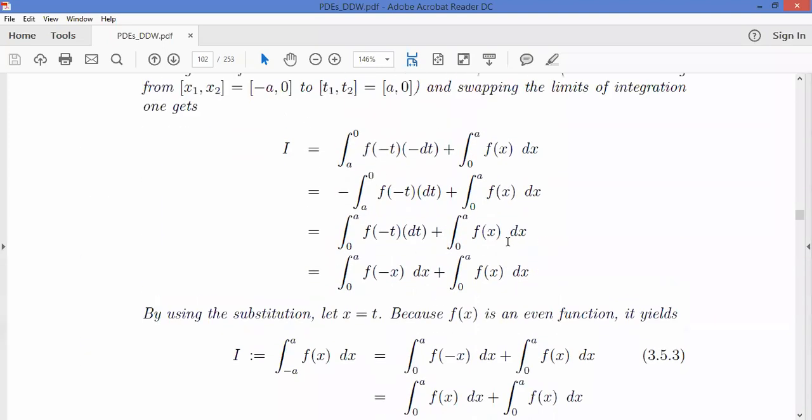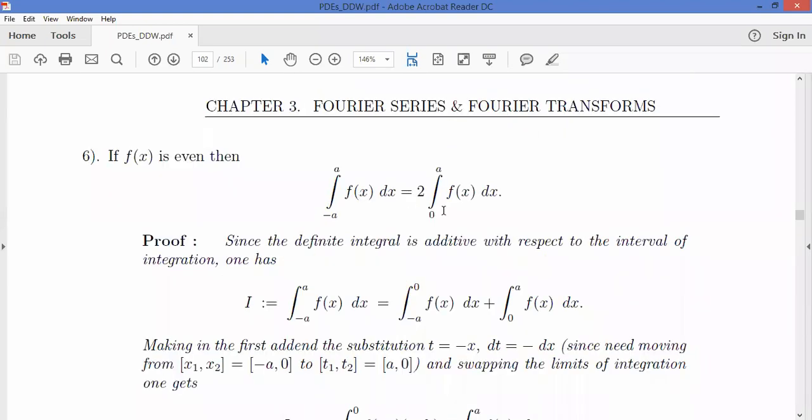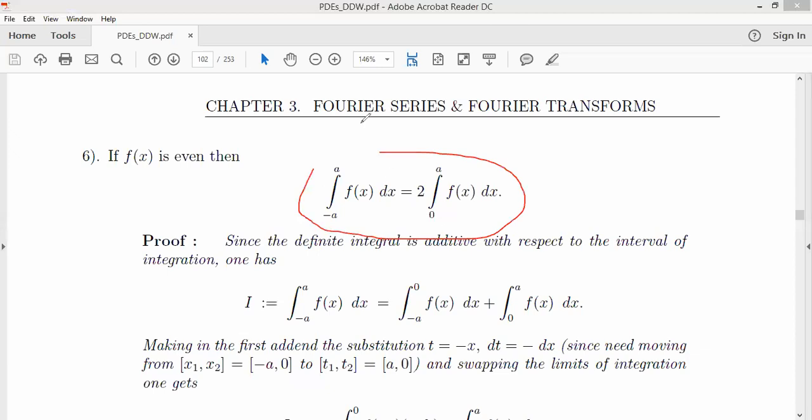We are saying here in this one that if you integrate from minus a to a of f(x) dx, it is twice the integral from 0 to a. This one is going to be used heavily in what we are going to discuss now. We are going to heavily use this one here, guys.